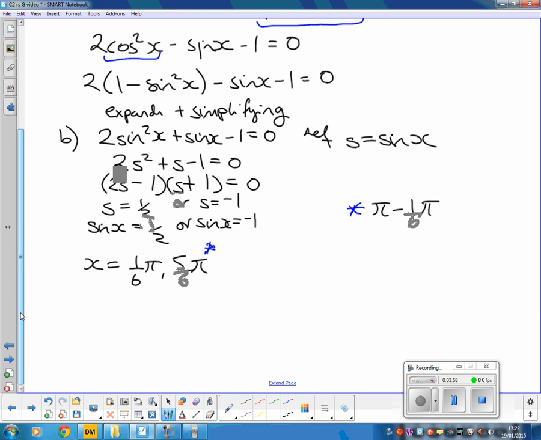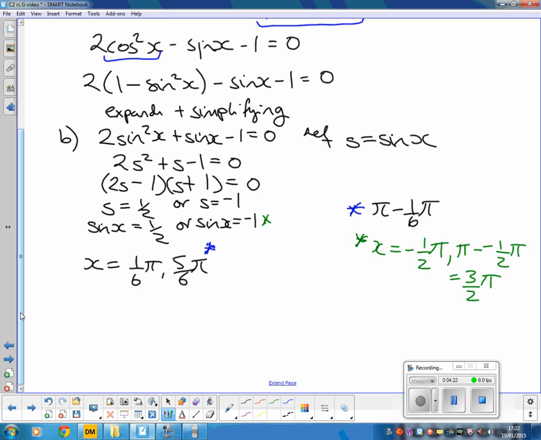For sine x equals minus 1, you could use your calculator. If you use your calculator, it will tell you that x is minus a half pi, which is too low. So you'll then have to use the rule pi minus the first solution to get the second one, which is 3 over 2 pi.